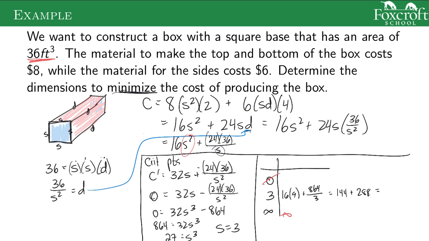And 144 plus 288 is 432. And because the extreme values don't really make sense, you could even try to plug in like 1 and 100 or something like that, and you'd end up getting bigger numbers. So this is our minimum cost for producing the box. All right, $432 to produce this box.